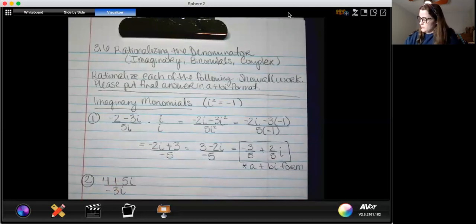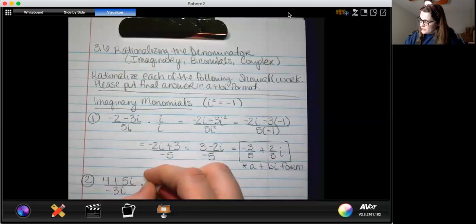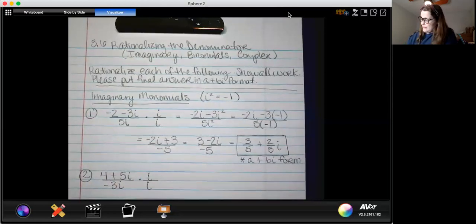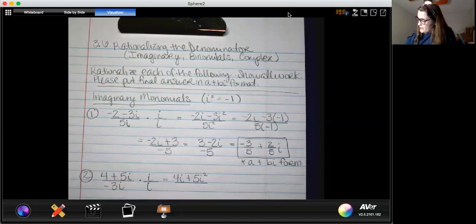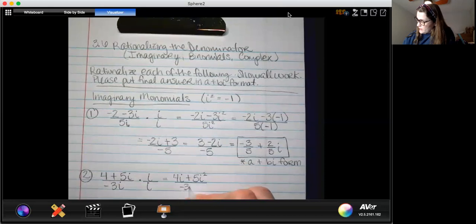Okay. Again, we're going to rationalize by multiplying with the imaginary unit. So we get 4i plus 5i squared divided by -3i squared.